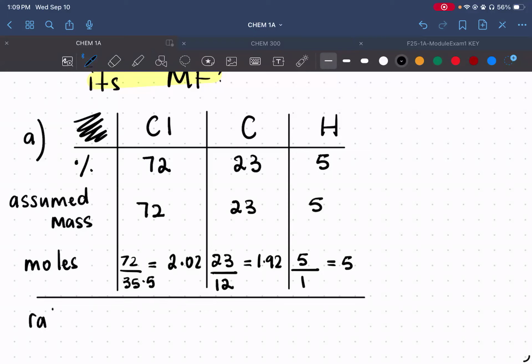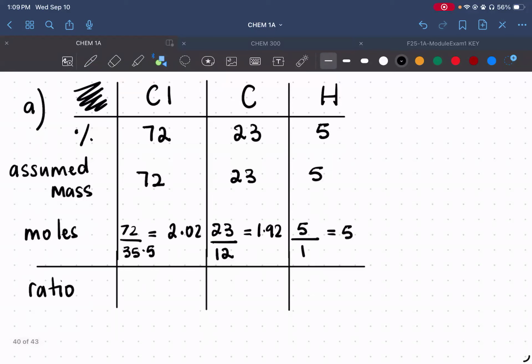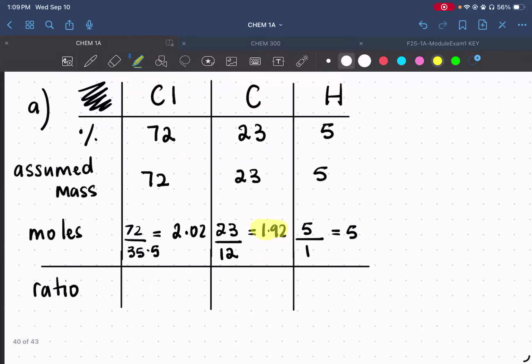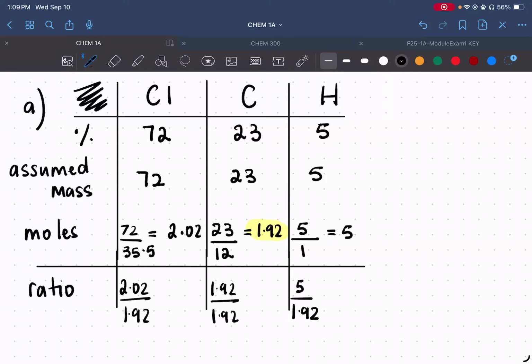Now we're going to get the ratio, which we get by dividing all of those numbers by the lowest. The one you should recognize as the lowest is 1.92. So we have 2.02 divided by 1.92, 1.92 divided by 1.92, and then 5 divided by 1.92.